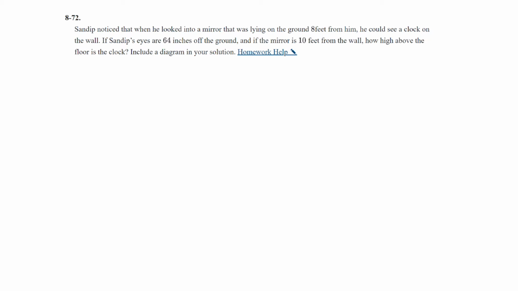Alright, let's see if we can get a diagram, see what this is going to look like. So, looking at a mirror 8 feet from him, let's put him right here. Here's the mirror, that's 8 feet away, and then he could see a clock on the wall. So let's put the wall over here.